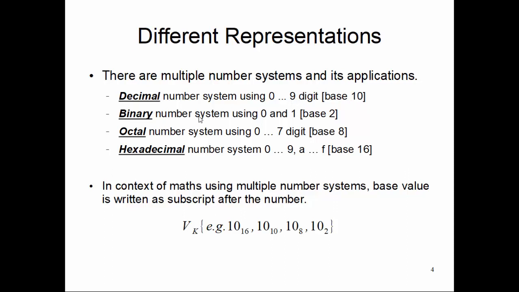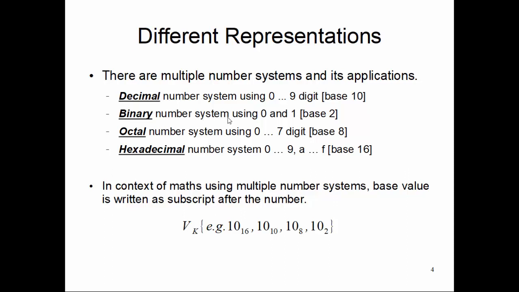Whereas the binary number system uses only two symbols, 0 and 1, to represent any number in the whole world, and that's base 2 because it uses only two symbols.